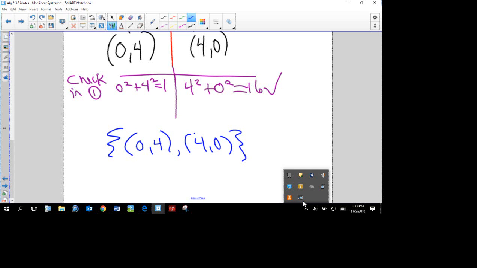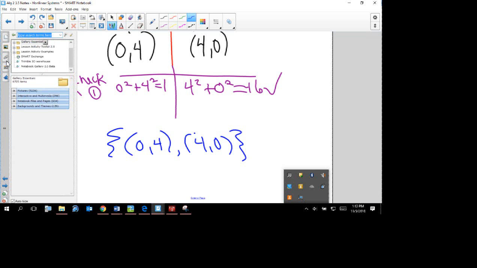What I want you to do next is we're going to do this graphically. In geometry, hopefully, fingers crossed, you graphed circles. But maybe not. So we're going to graph the circle. We're going to graph equation 1 and equation 2.